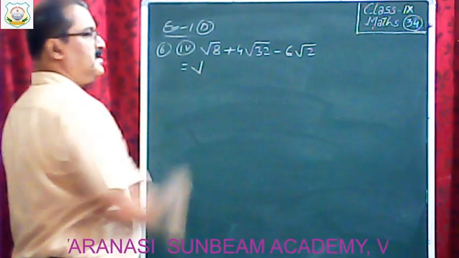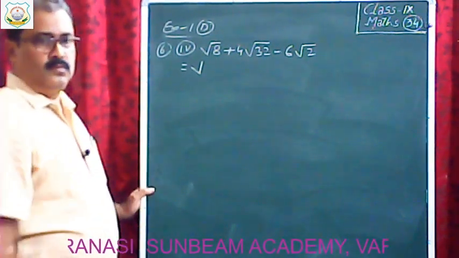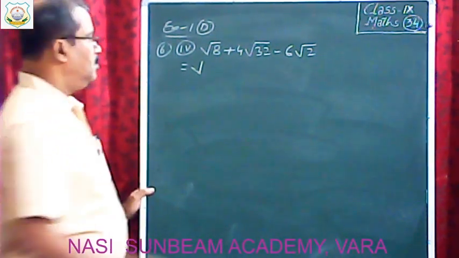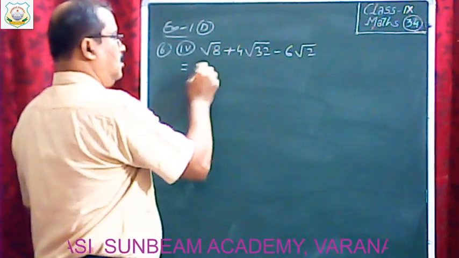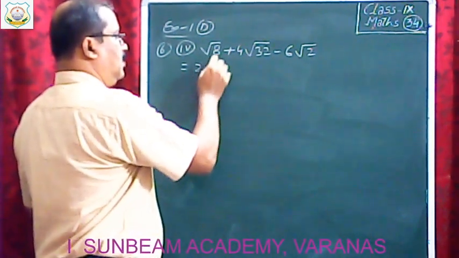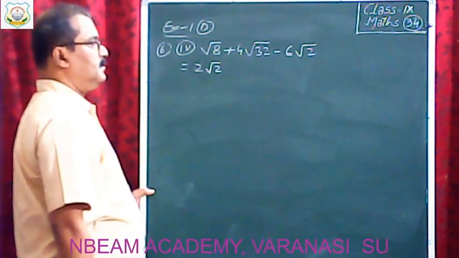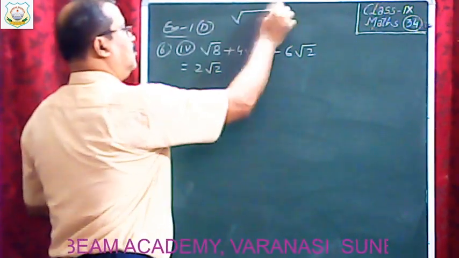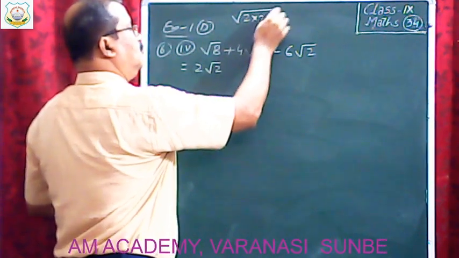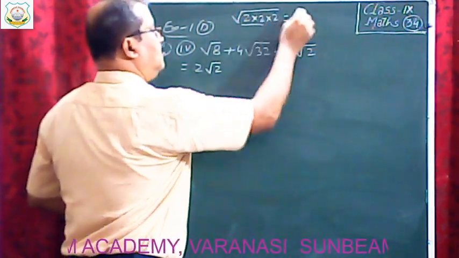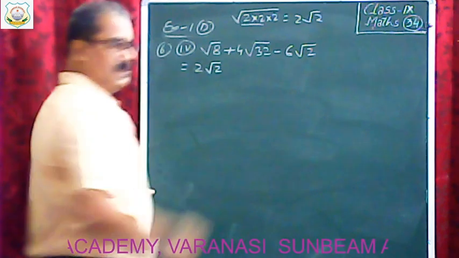Square root 8 means 2 into 2 into 2. We get a pair of 2. So take out 2, 1 2 from pair and 1 2 left within the radical sign. Okay. Now there is no need to show 2 into 2 into 2. Then you have to write 2 root 2. Okay. Directly you can write.